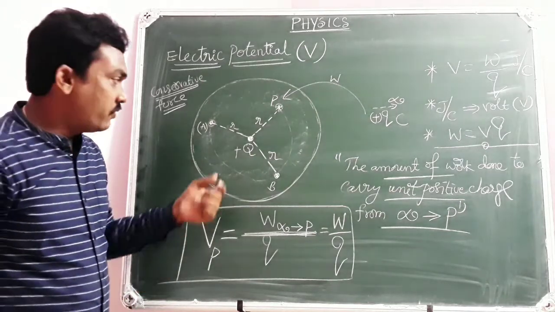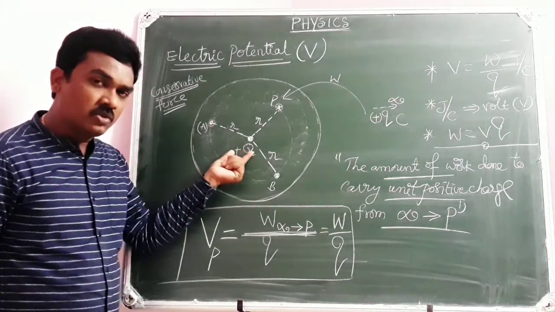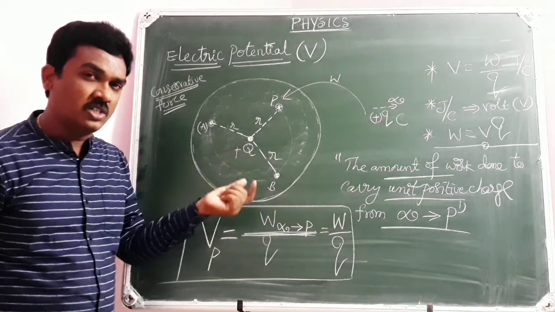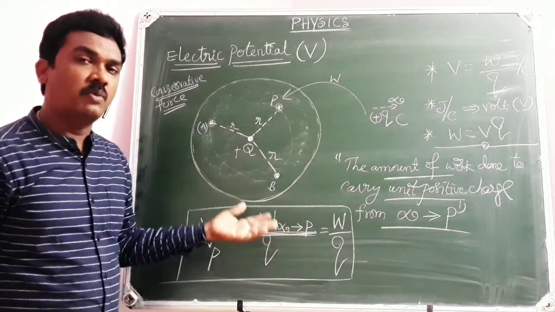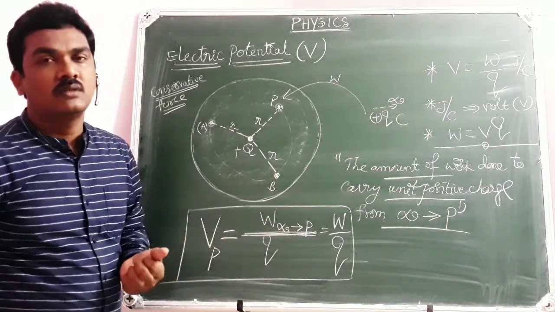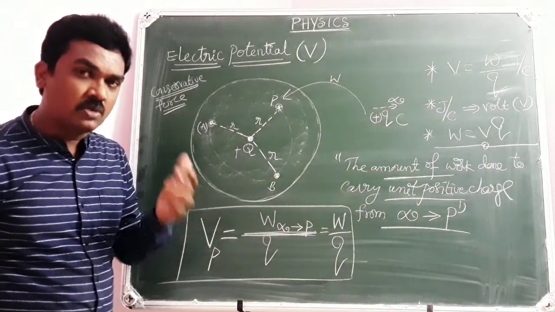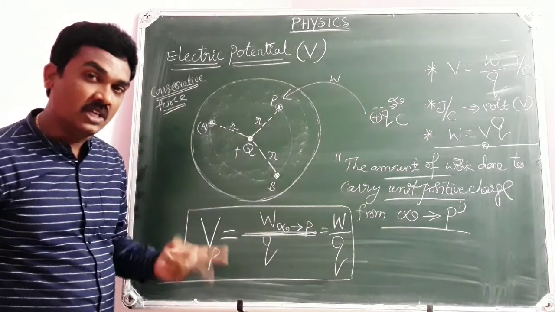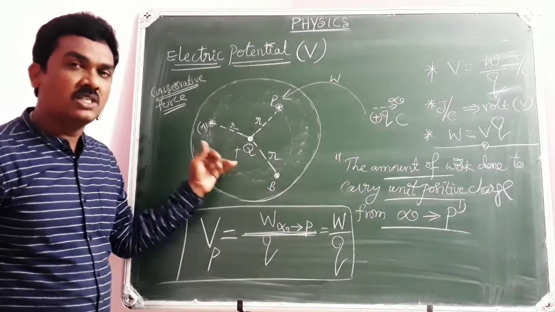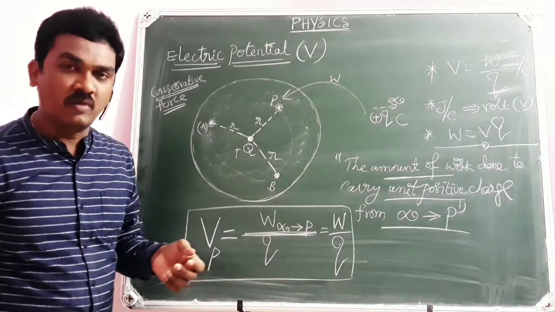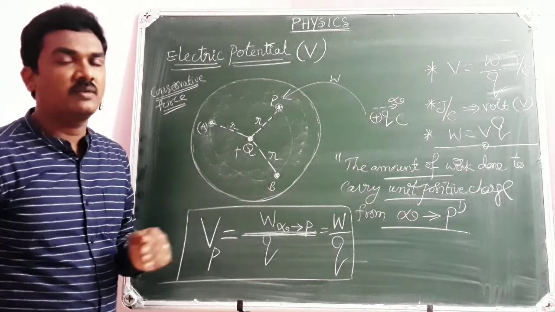So the conclusion is, if the positive source charge is very high, then the work done should be high, then the electric potential will be high. So the conclusion is, greater the positive charge, greater the potential. You may ask, sir, if the source charge is negative? If the source charge is negative, you don't need to do the work; the electric field will do the work.